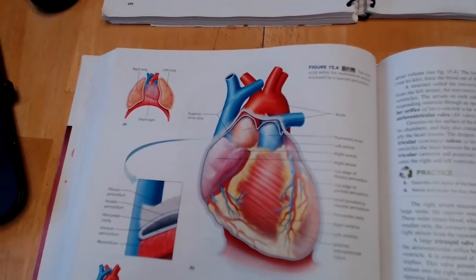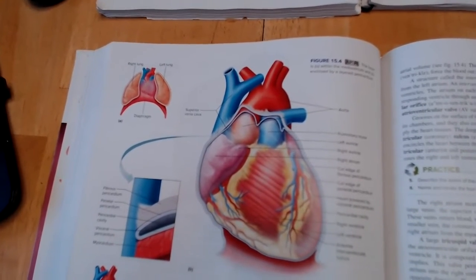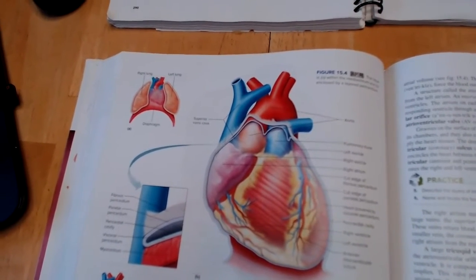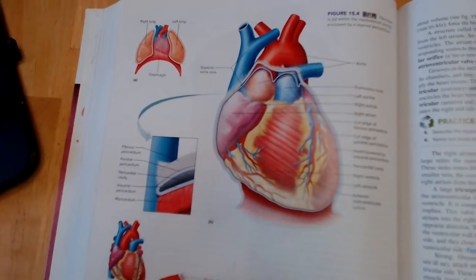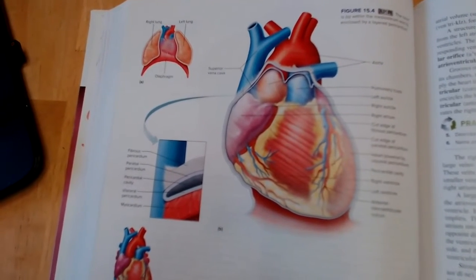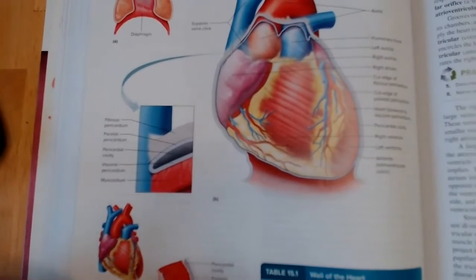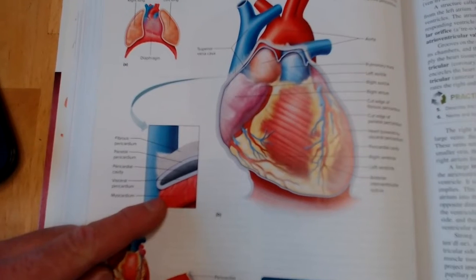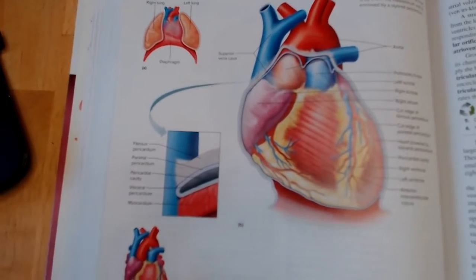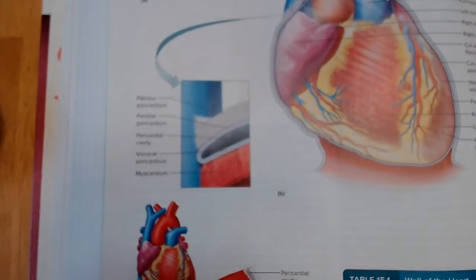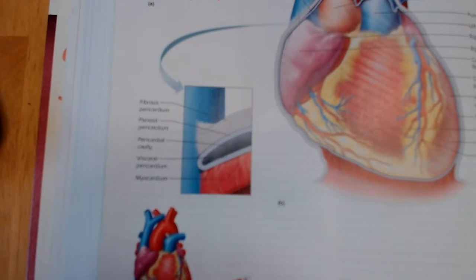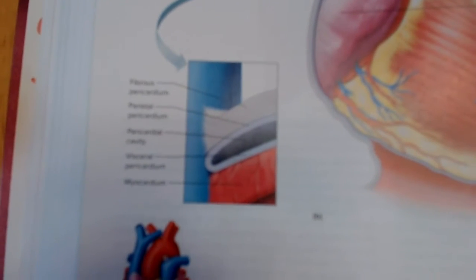You'll also see fat on the very surface of the heart as well. So this fibrous pericardium is a very tough sac. And I think this little insert here of figure 15.4 does a nice job depicting the various components of this fibrous sac.